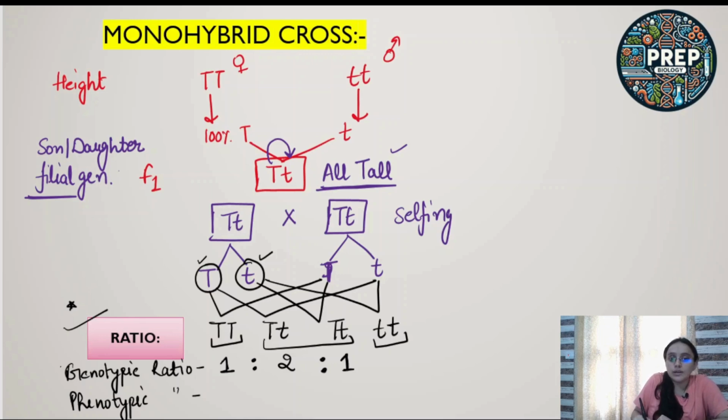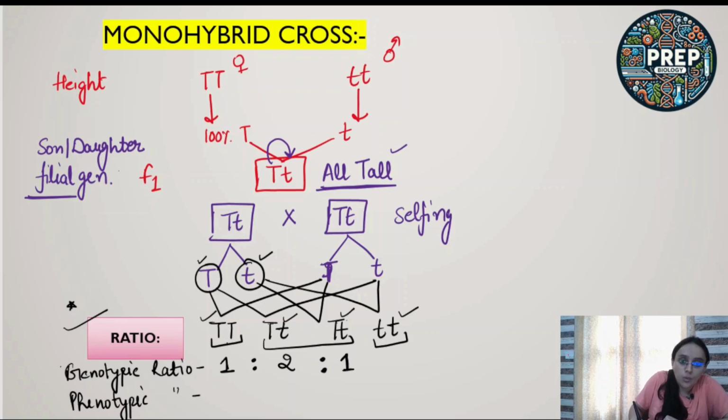So what is the phenotypic ratio? Phenotypic means how individuals look in terms of their morphological type, the outer appearance of the plant. So this is tall, capital T small t, capital T small t. Due to the dominant character of capital T, these are also tall plants, and small t small t shows dwarf plants.